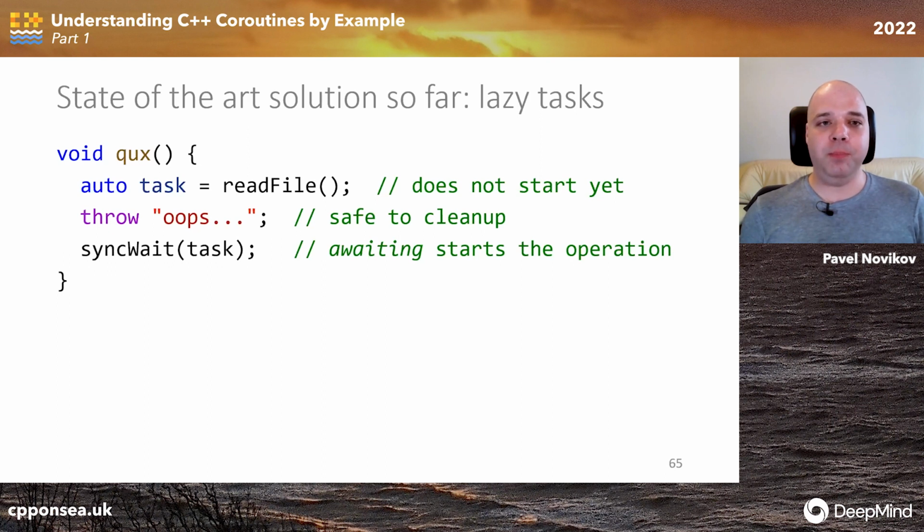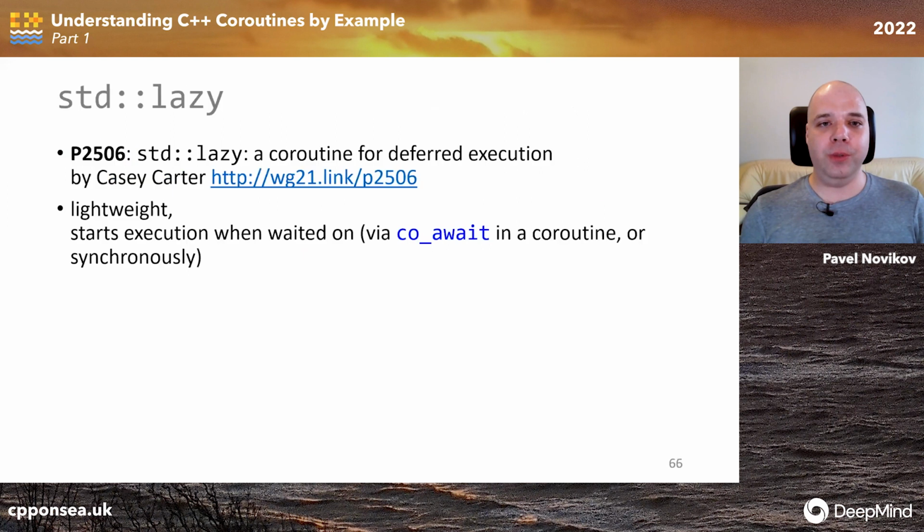We can safely, for example, throw exceptions. Everything will destruct beautifully, no dangling references, pointers, and all that beauty. And the execution of the body of the coroutine starts only when we await on the coroutine.